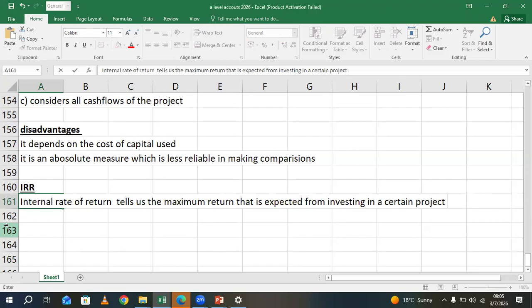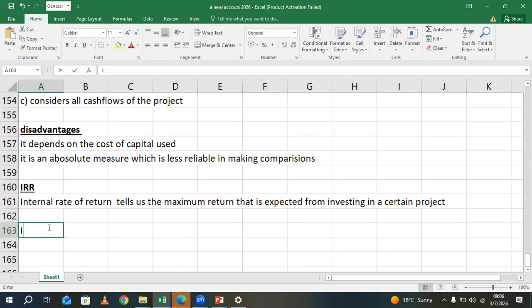So if we are to invest in project A, how much is the maximum return that we're expecting? That's the internal rate of return. This rate of return gives us a net present value of 0.